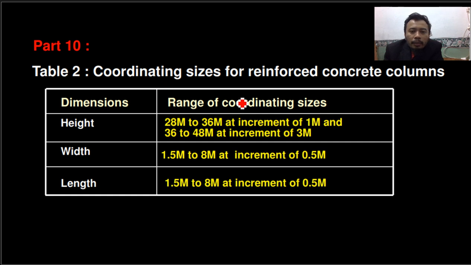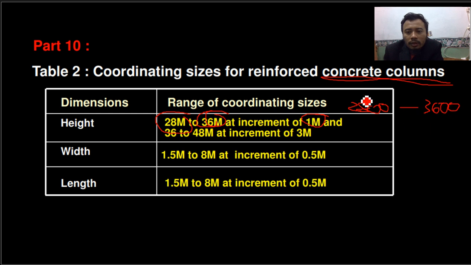Part 10 is on concrete columns. For concrete columns, you have 28 m up until 36 m, but your increment is limited to 1 m, 100, 100, 100, and so on. So you can start from 2800 mm, and then go a bit longer. The increment of height will be by 1 m up until 36 m, so 2800 to 3600 mm.